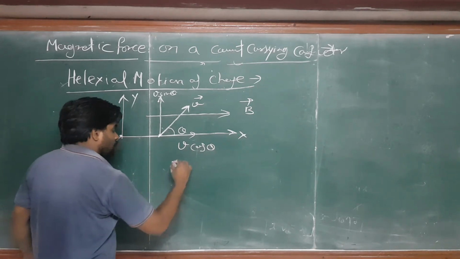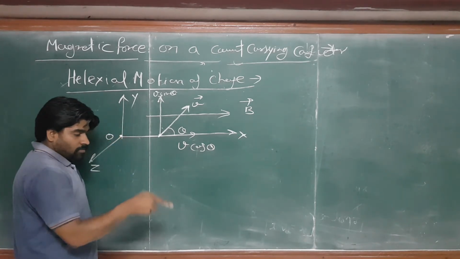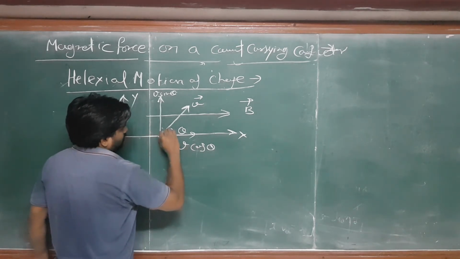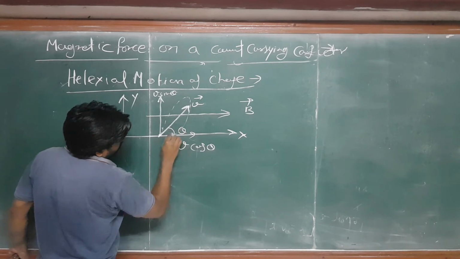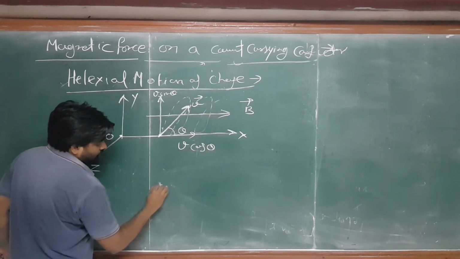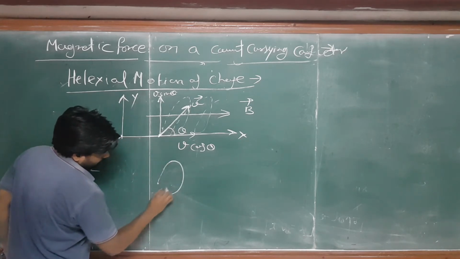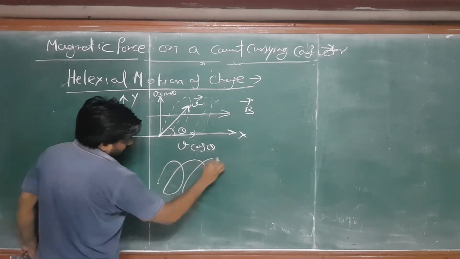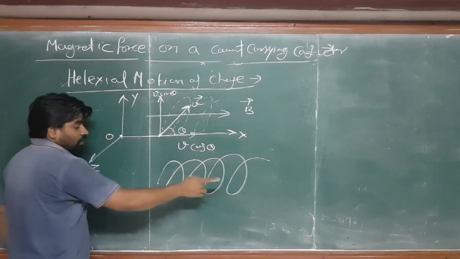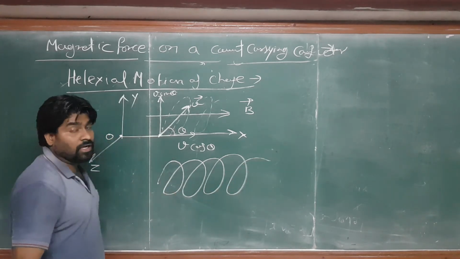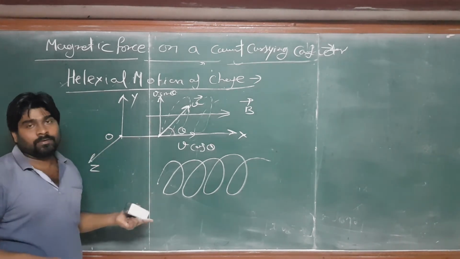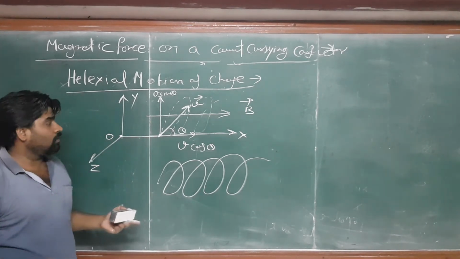So its motion will not be exactly circular; it comes in the helical form, like this. This is called the helical motion. It moves in this direction because of v cos theta, and going up because of v sin theta.